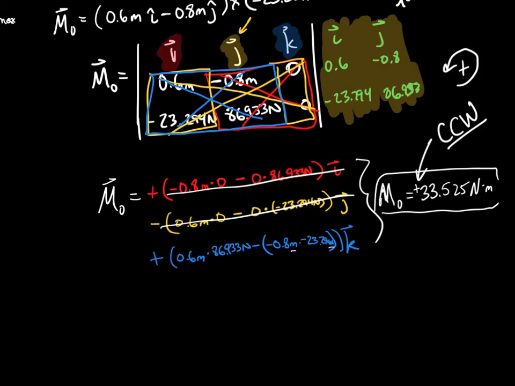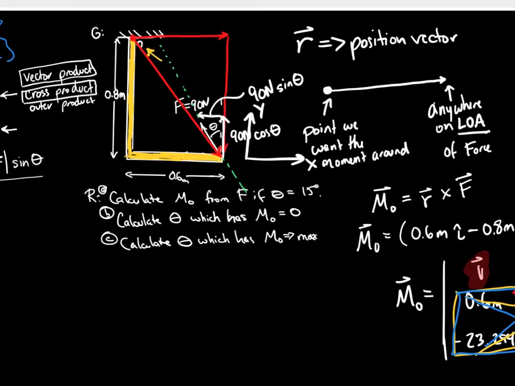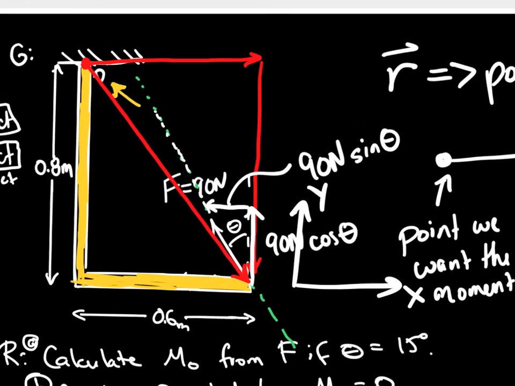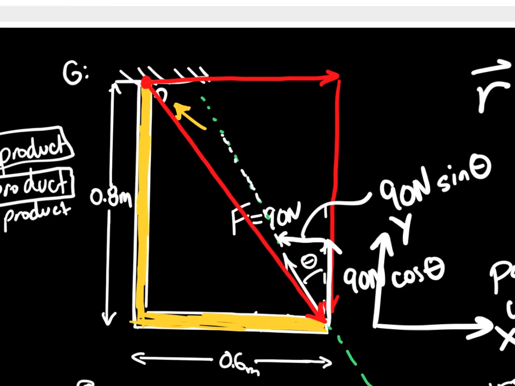Okay, so if we go back up to our original drawing, you're kind of wondering, which way is it going to drive this thing? And it's kind of hard to tell. The way I tell is I follow the line of action of the force. So I'm going to zoom all the way in and follow the line of action. So here's our force right here. It looked pretty, and now it looks less pretty.